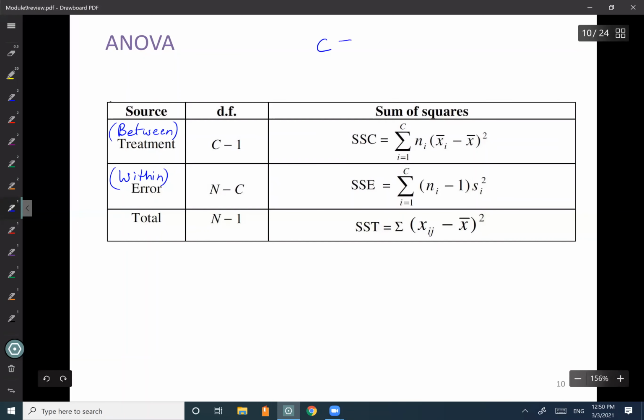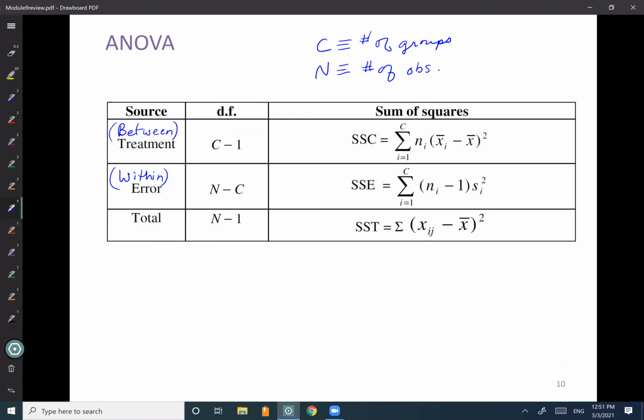C is the number of groups. In our case, we have 6 continents, so C would be 6. N is the total number of observations. And in our case, we have 193 countries, so that would be our N.